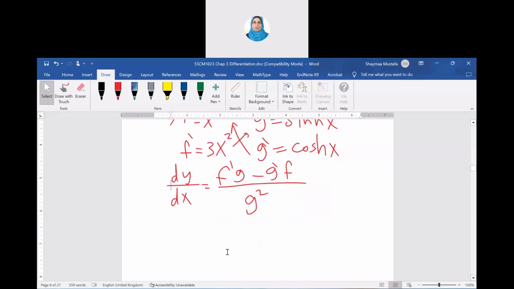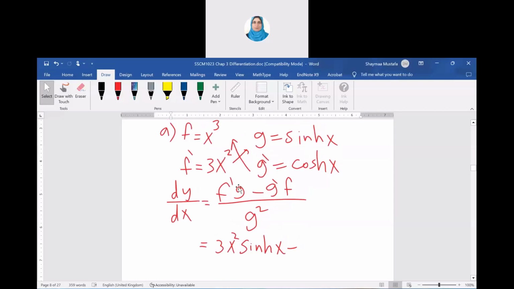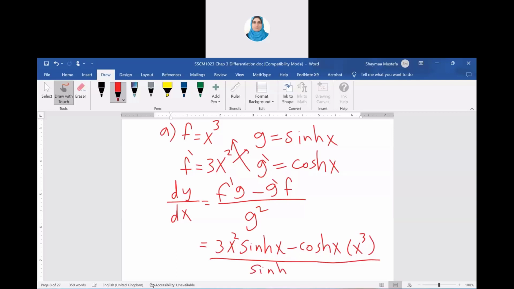Now the derivative for f is equal to 3x squared multiplied by g, which is sine x, minus the derivative for g, which is cos x, multiplied by f, which is x cubed, divided by g squared, which means sine squared x.